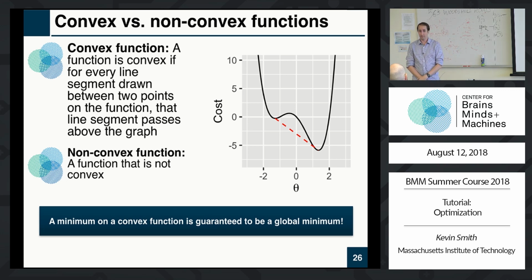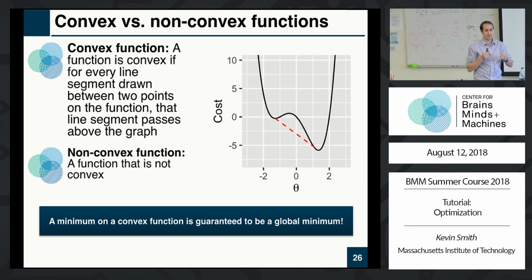Any questions so far? Yeah? Is there a way to know whether it's convex or non-convex that is not easily visualizable? Like, what if there are a lot of variables? Not that I know of. I mean, I think there are some ways of testing for convexity, but I've found the best way is to just kind of take slices through your parameters and try to look at it.